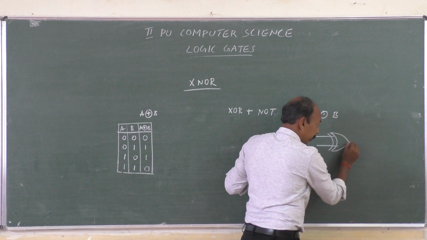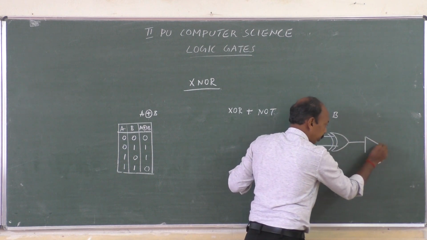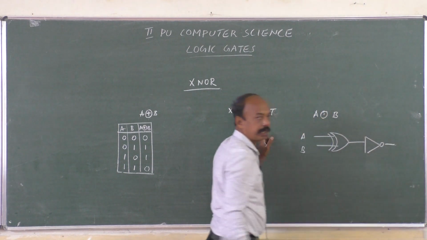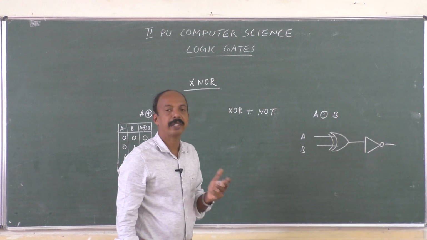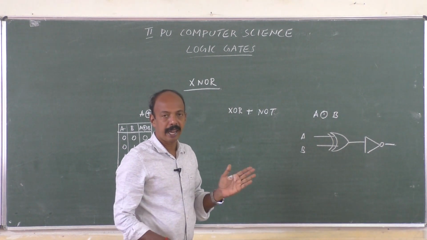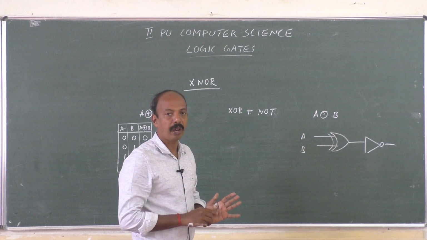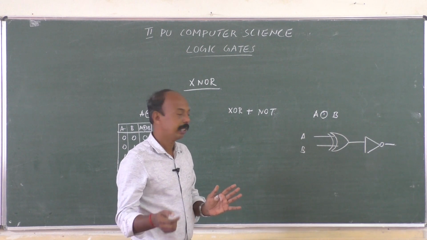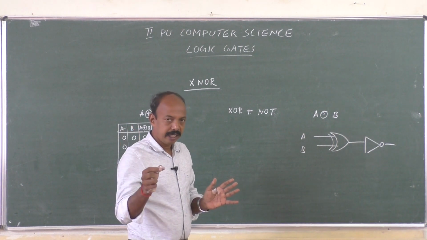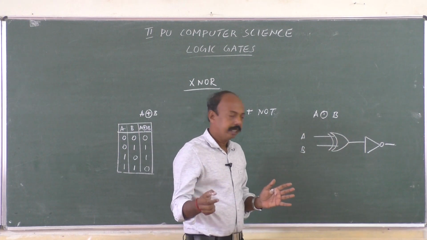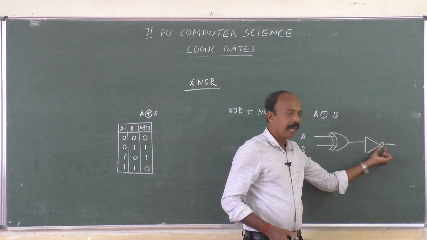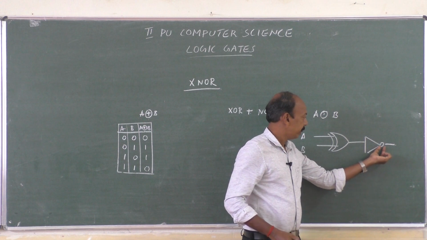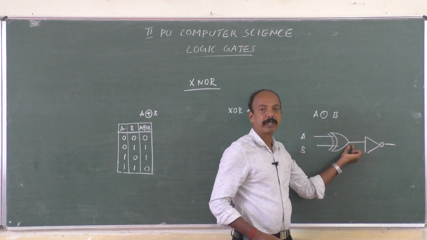Actually, how will it work? This one has to be fed to a NOT gate. In case of NAND and NOR, we have seen AND NOT or OR NOT. What we have done is that to represent that NOT gate, the bubble symbol we have for the NOT gate will be written in front of that particular gate.